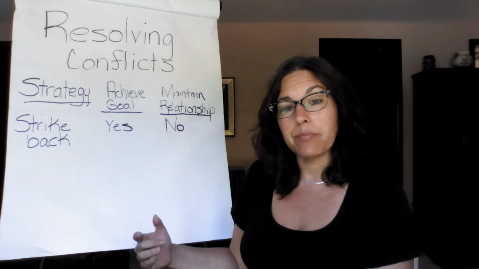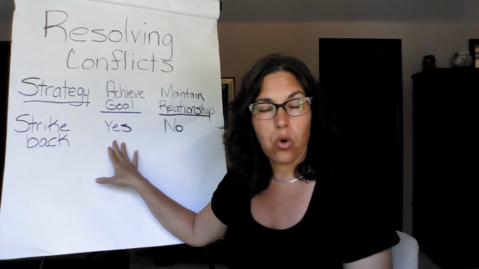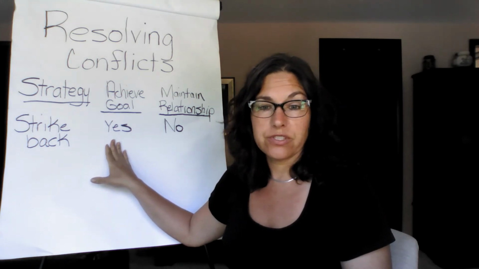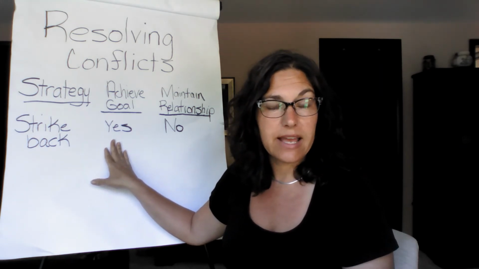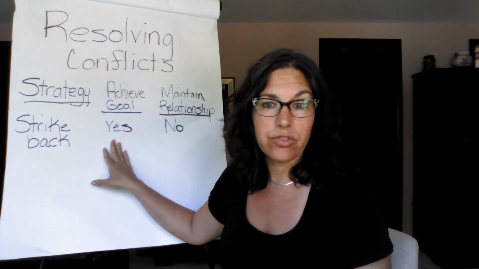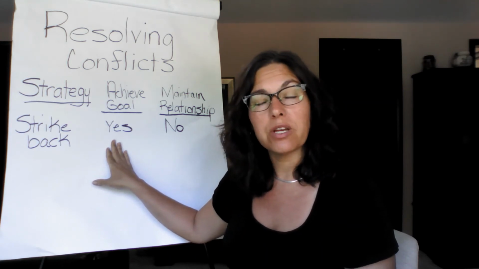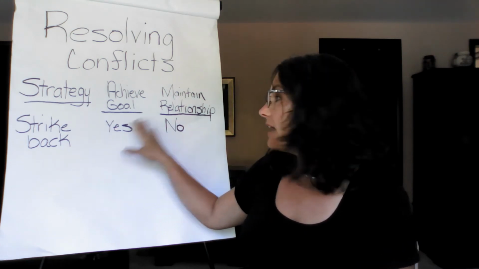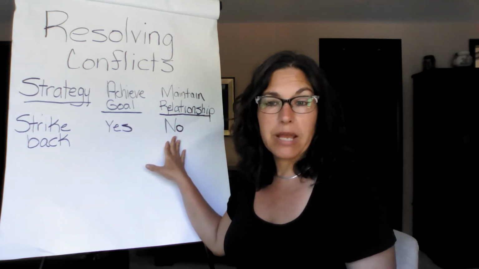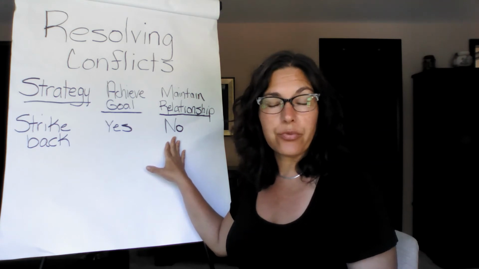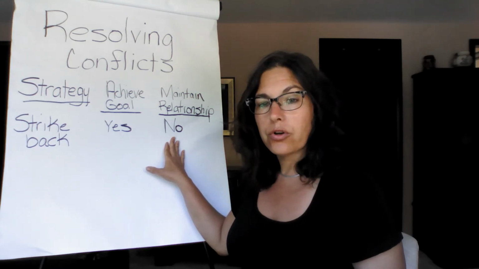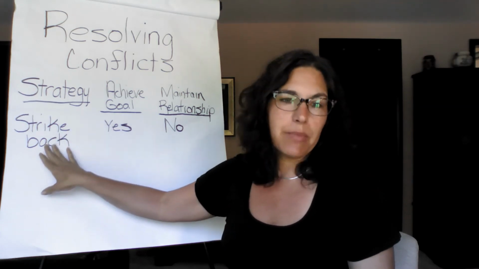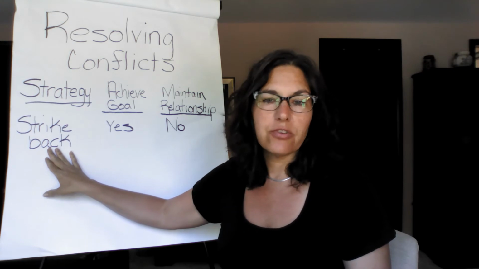In terms of achieving the goal, it does achieve the goal for one person, the person who wants to hang out gets to hang out with you, but it doesn't achieve the goal for you because now you're not able to do your chores. And because of that, your relationship might be damaged because you now feel threatened by that person, or you feel that that person doesn't care about what's important for you. So striking back is not a good strategy for resolving conflicts.